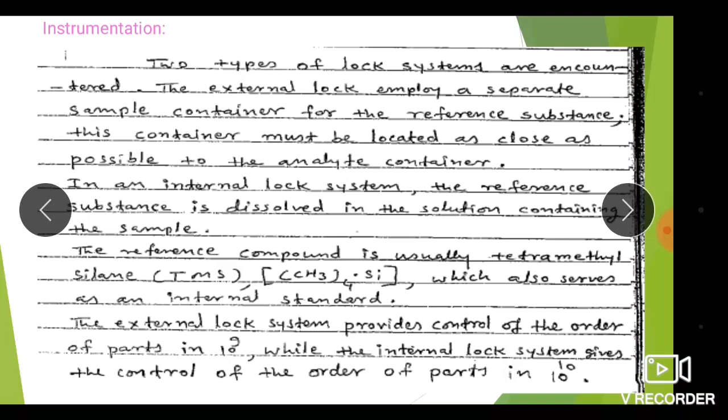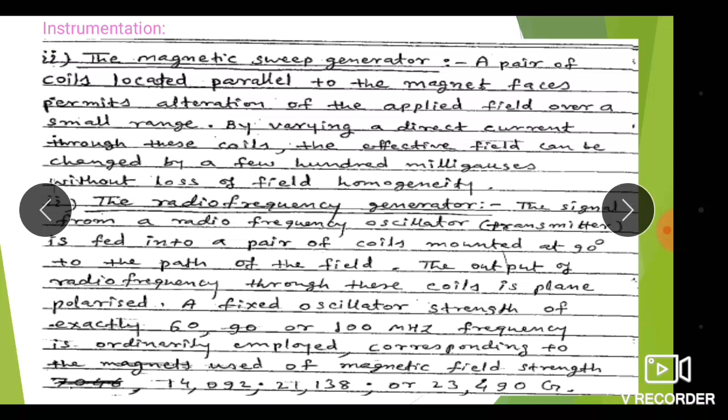So two types of locks are there, internal and external. Then the magnetic sweep generator: a pair of coils located parallel to the magnet faces permits alteration of the applied field over a small range. So alteration of the applied field is done with the help of a pair of parallel coils on the magnet faces.